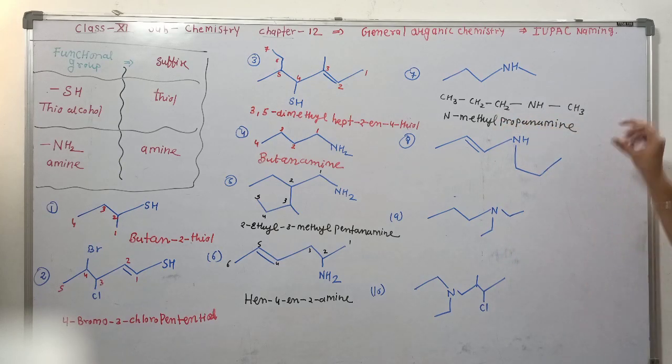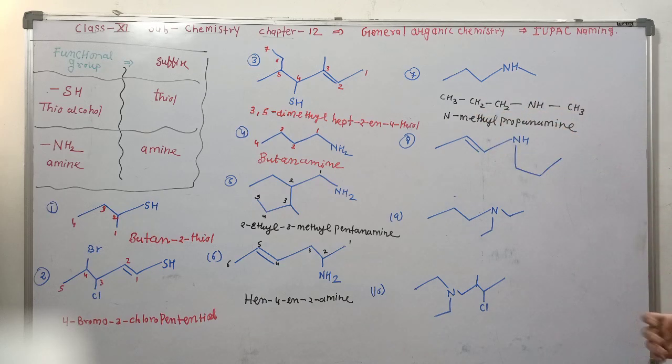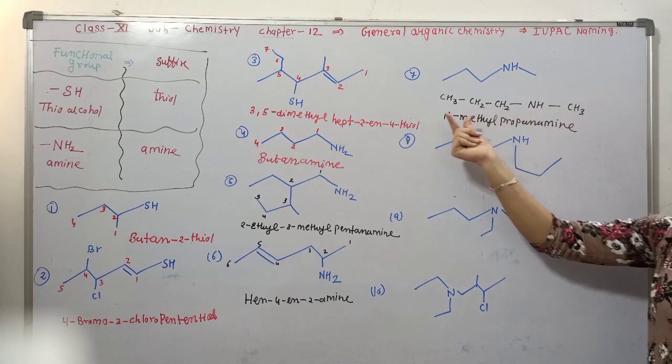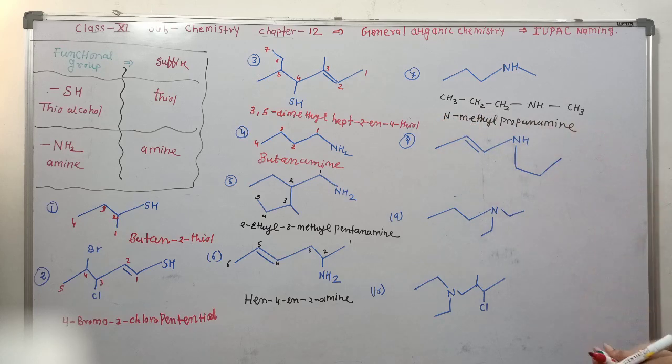Likewise, if this methyl group is connected to the chain, we write 2-methyl, 3-methyl. Similarly, here the CH3 is connected with the NH group, that's the amine group, so we write its location with N. So we write N-methyl propanamine.